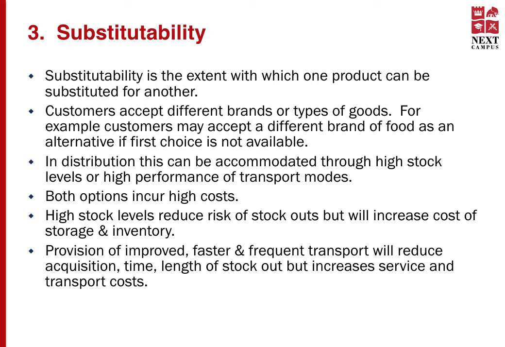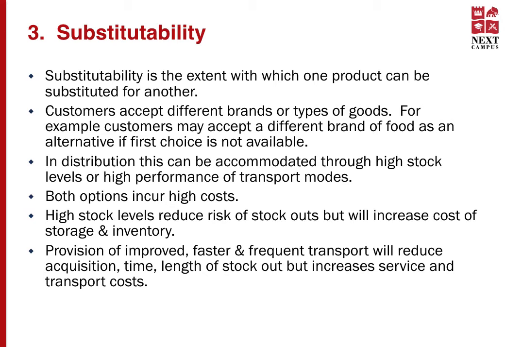Substitutability. Substitutability is the extent to which one product can be substituted for another. Customers accept different brands or types of goods. For example, customers may accept a different brand of food as an alternative if the first choice is not available. In distribution, this can be accommodated through high stock levels or high performance of transport modes.